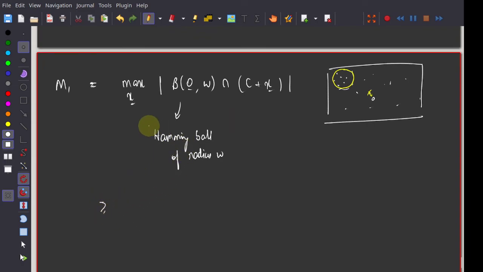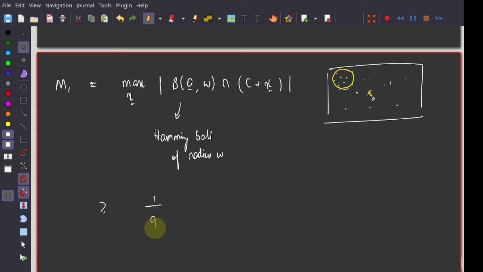I want a lower bound on K in terms of M. This is greater than or equal to the average of this particular quantity when averaged over all possible x. I'm taking the maximum, I'm taking the x for which some shift gives me the subcodebook of largest size. And now I just take the average over all possible shifts. The maximum anyway has to be greater than or equal to the average.